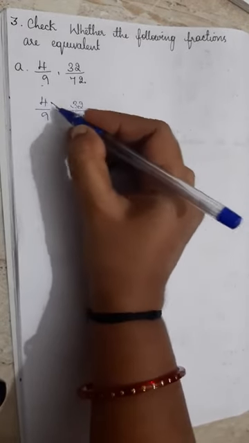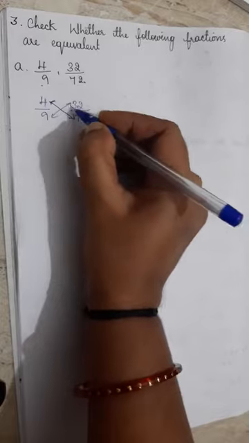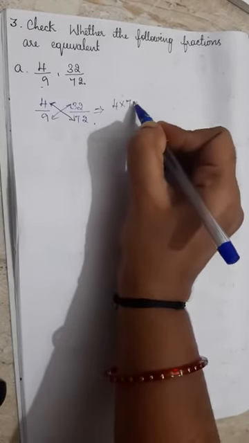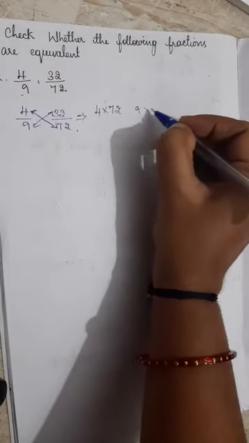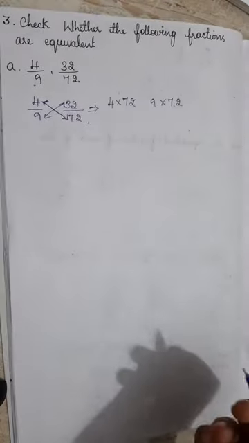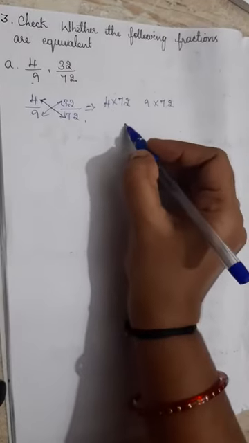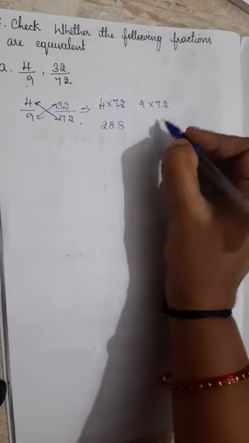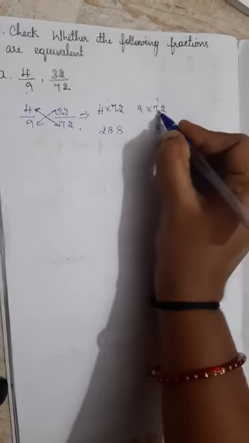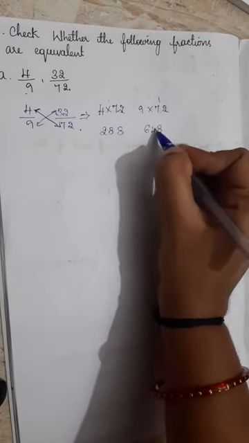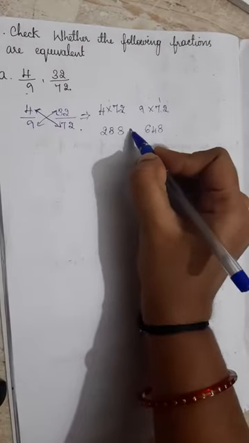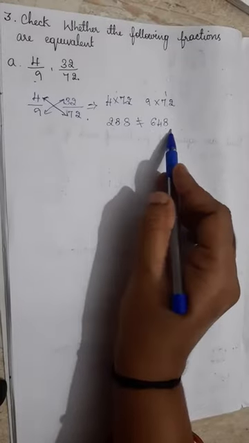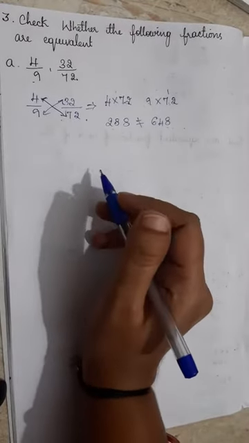You multiply 4 into 72, then 9 into 32. 4 2s are 8, 4 7s are 28. 9 2s are 18, 9 3s are 27 plus 1 is 28. Are these two products equal? No, not equal. If both products are not equal, then these are not equivalent fractions.